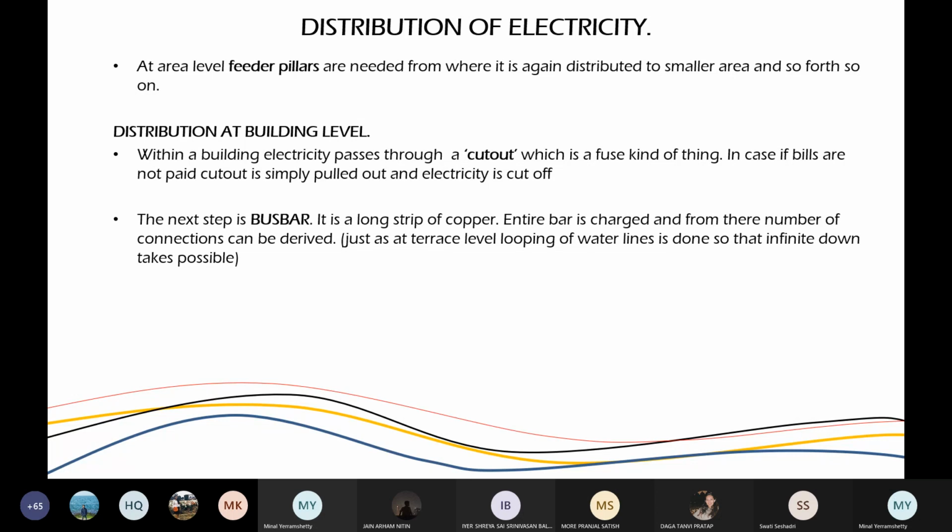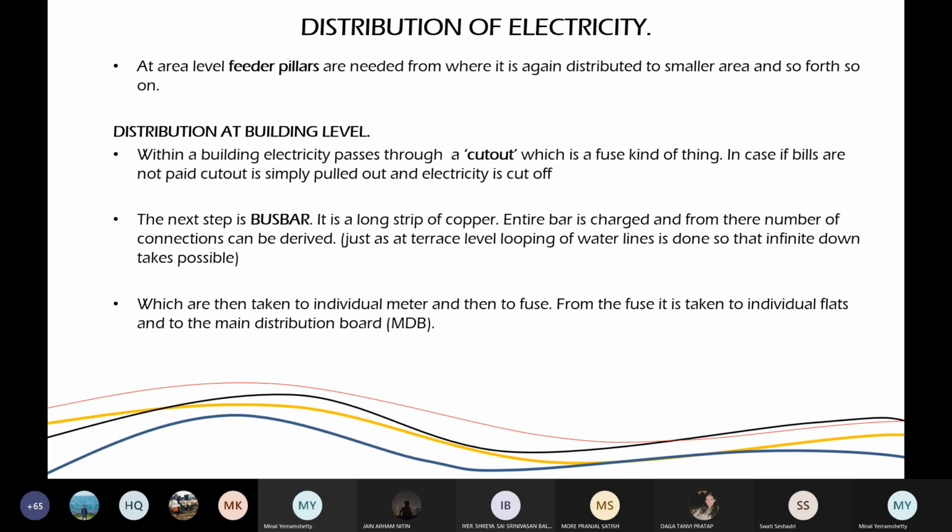So that infinite downtakes can be taken. Similarly, a bus bar is nothing but a strip on which I can put numerous attached wires, and I will show you the picture, it has those nut bolt kind of fixing there. So from it I can take out numerous, infinite wires that I need to take out, basically.